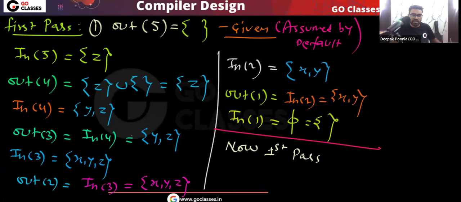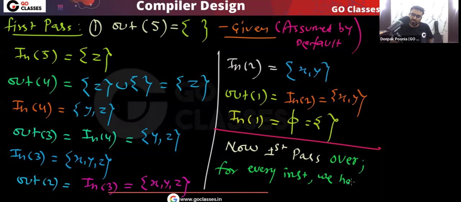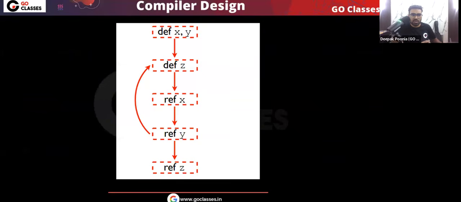Because now for every statement we have in and out. Yes or no? For every instruction we have in and out. So the first pass is now over, and now we will start the second pass. Tell me what information we got from the first pass. Let me write here the result of the first pass.